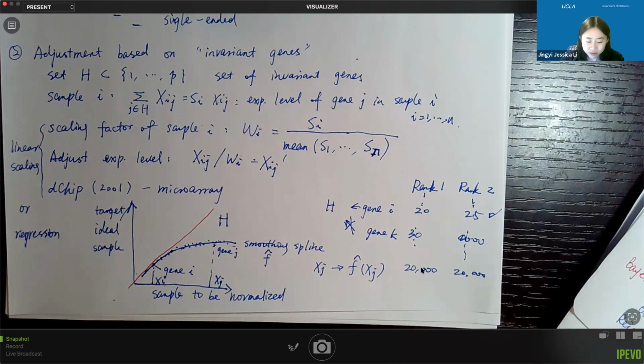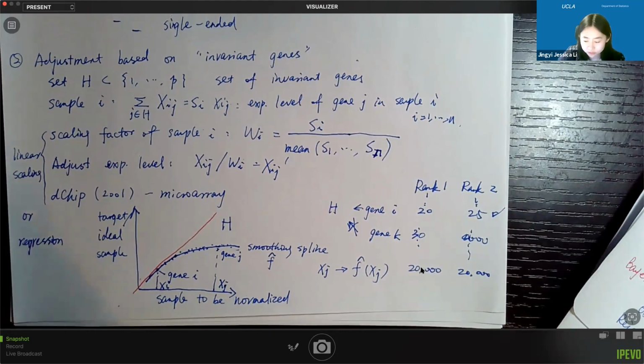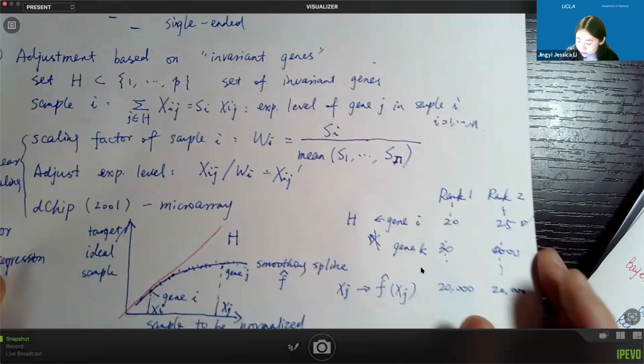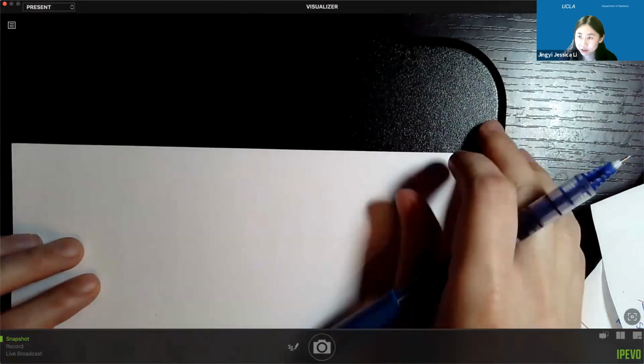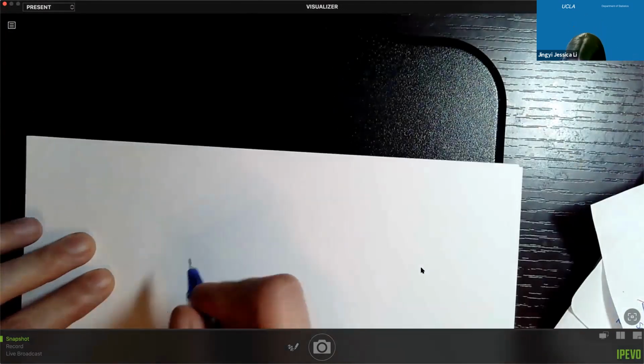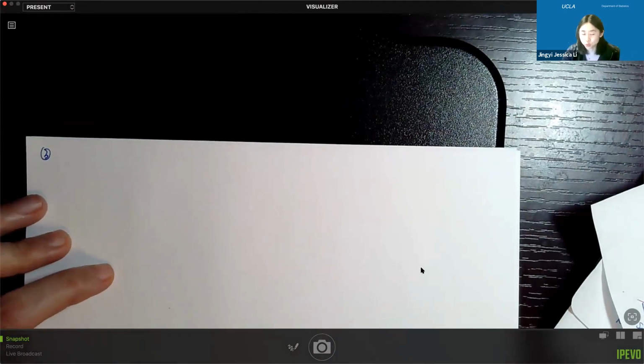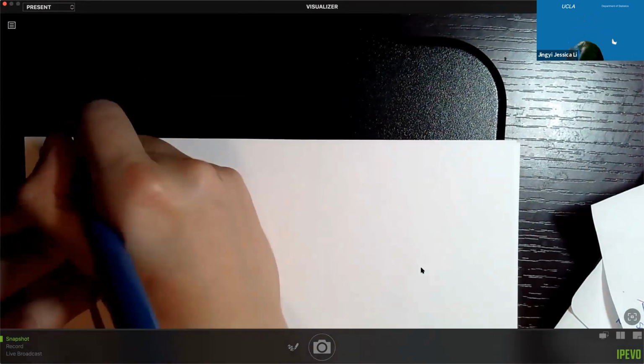Okay, so quantile normalization is something that's known to be very useful in practice. Its idea makes a lot of sense to me. It doesn't require defining an invariant set of genes. It's just based on the distribution of all genes within a sample.